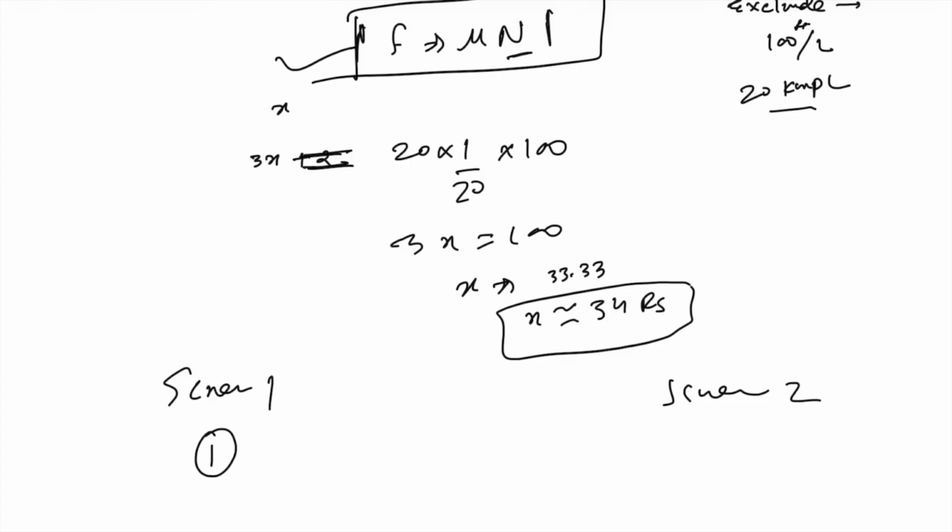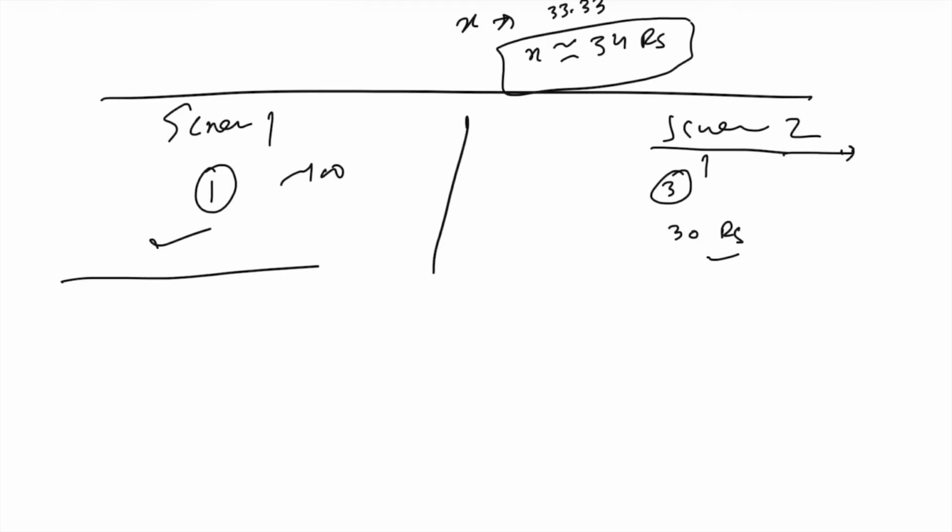With one person charging 100 rupees, and with 3 persons charging 30 rupees each. So in which scenario is he losing? So obviously scenario number 2, because his fuel expense would increase. I mean, it requires a total calculation.